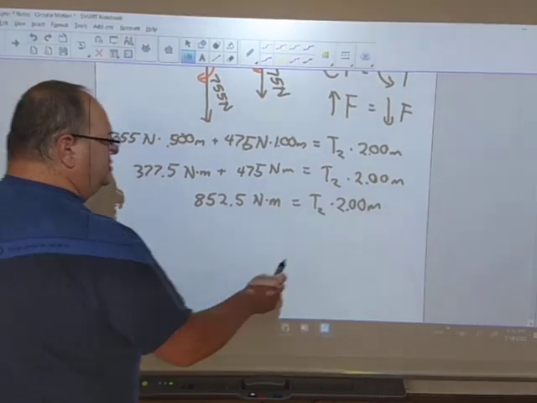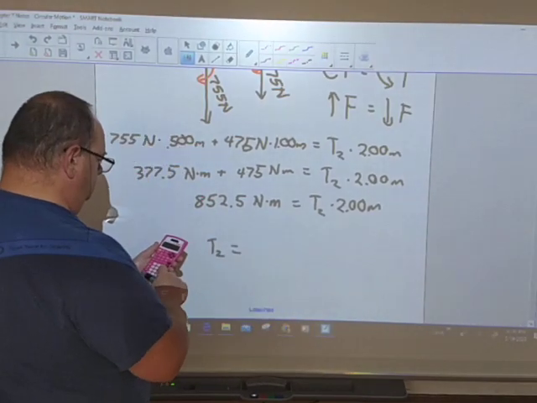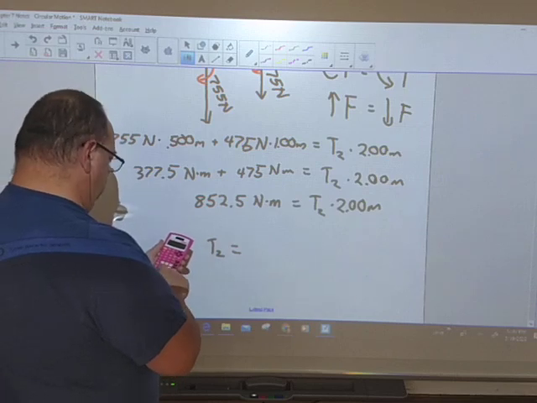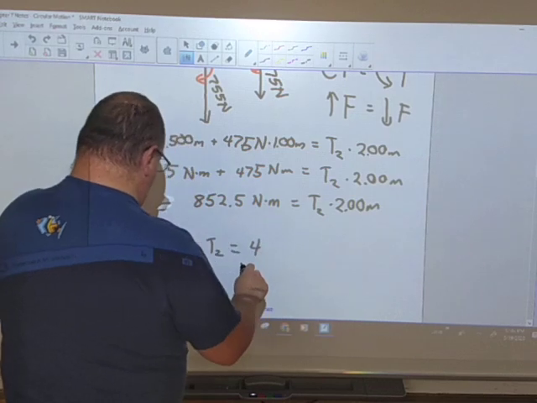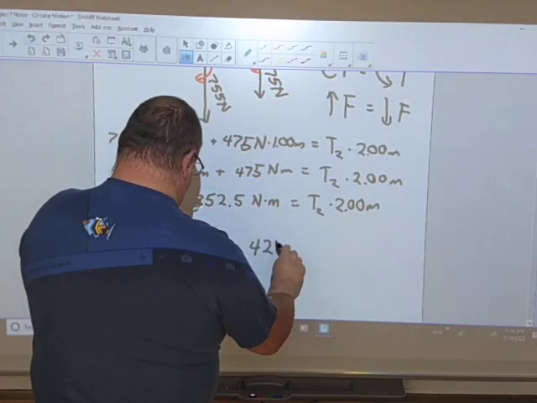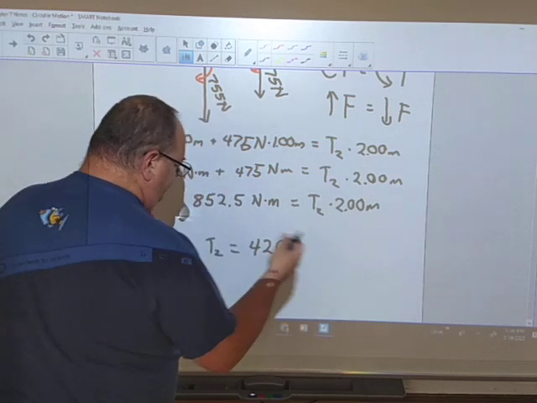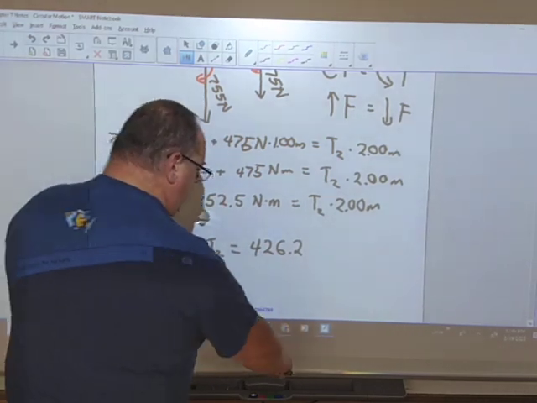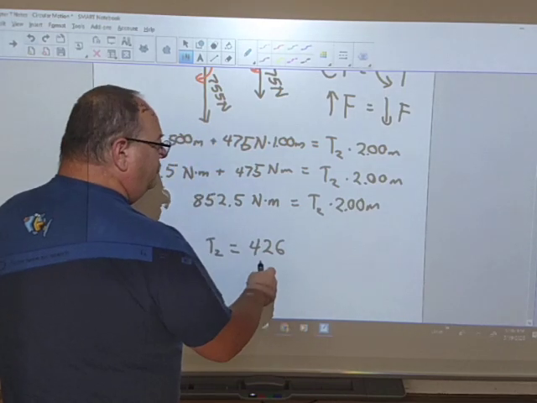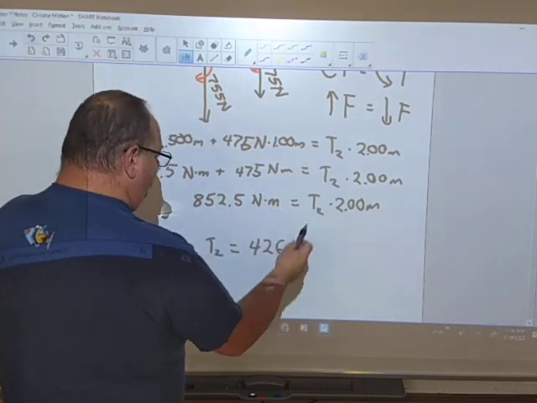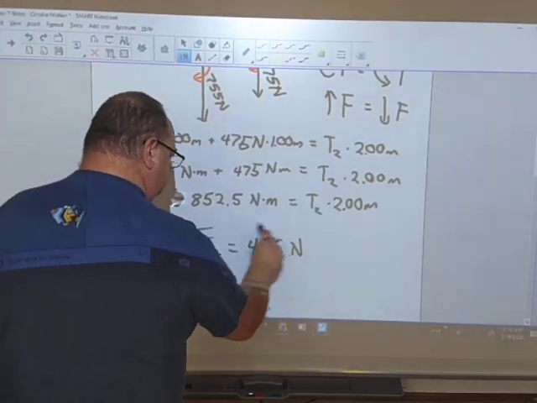Divide both sides by 2.00 meters, and T2 is 426.25. I'm going to go ahead and round that now to its 3 sig figs. 426, the meters are going to cross off, newtons. There's my T2.